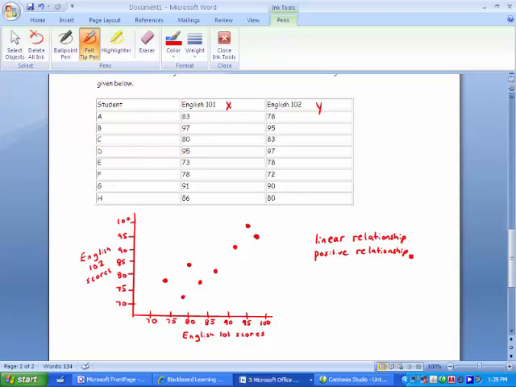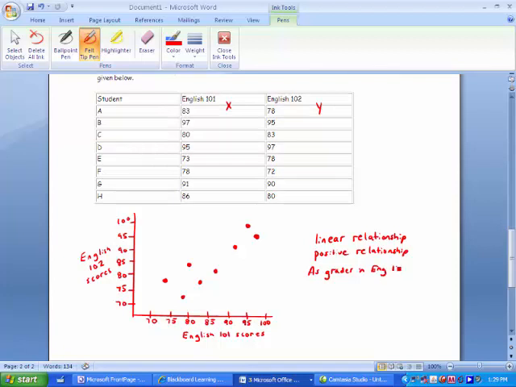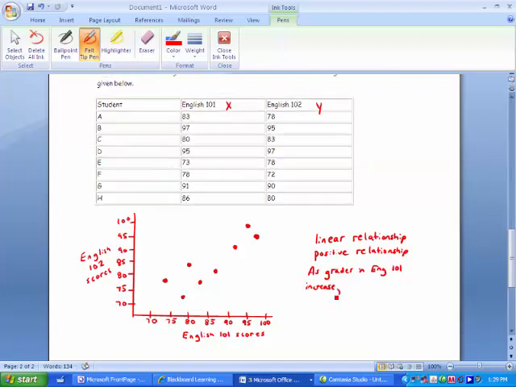And finally, you should write a concluding statement that actually relates the two specific variables that we are dealing with. And so remember that this statement typically will start with the x value increasing. And so we'll say as the grades in English 101 increase, and then we want to look at what happens to the grades in English 102.